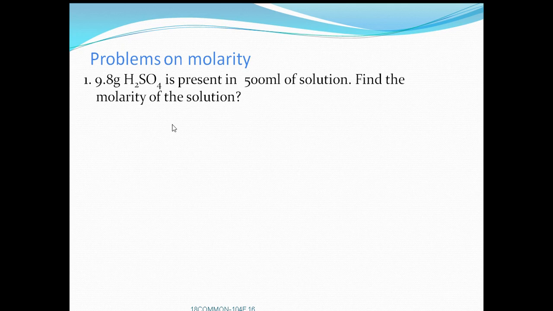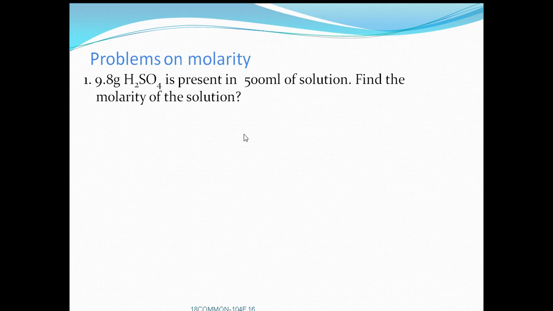Find the molarity of the solution. So how much weight of the substance? That is 9.8 grams. So what is the solute? H2SO4. How much volume? 500 ml of volume of solution.